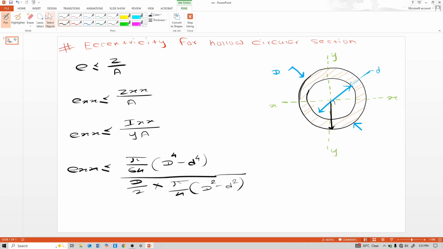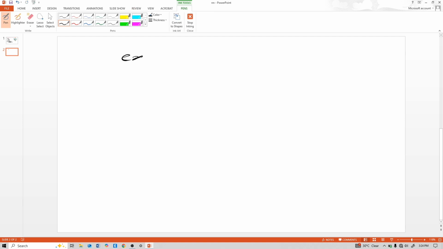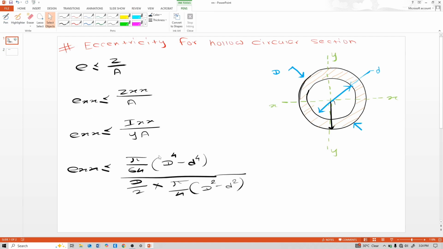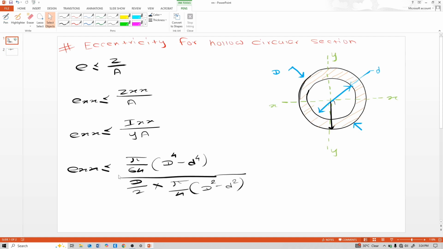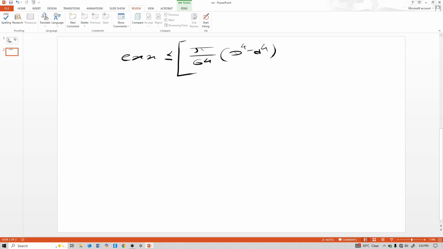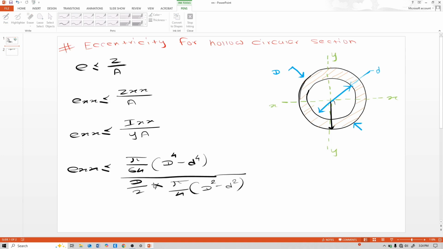So rearrange it mathematically. Exx should be less than or equal to pi by 64 into D raised to 4 minus small d raised to 4, into 2 by D, into, taking the denominator to the numerator, 4 by pi into D square minus small d square.